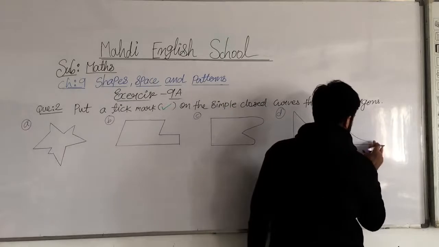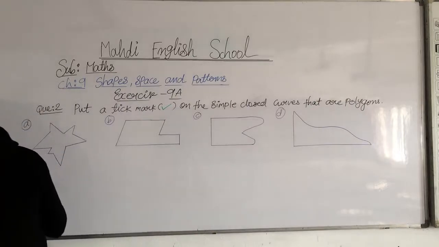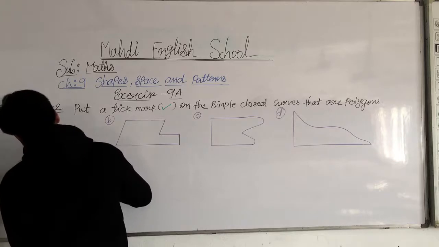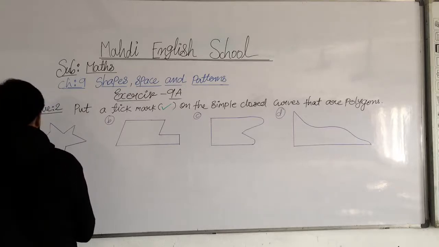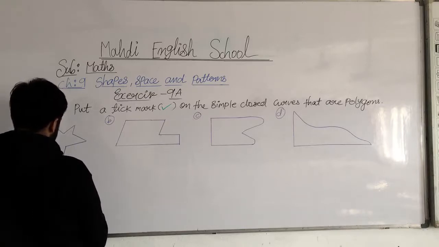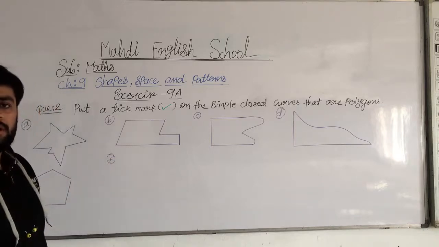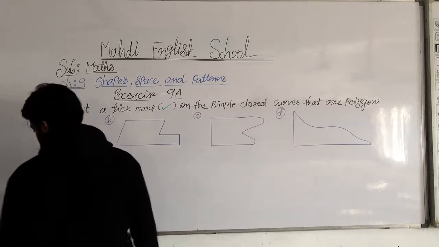This shape is like which shape, my dear? Then question number E is the pentagonal shape, and here is a new challenge: we have to find which are polygons, quadrilaterals or triangles.